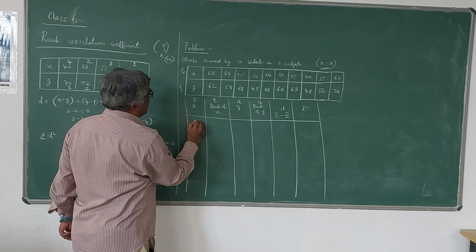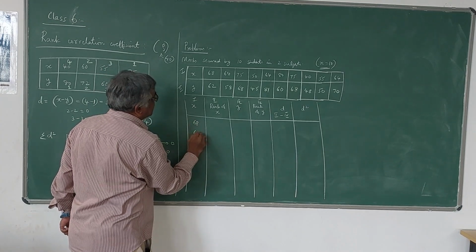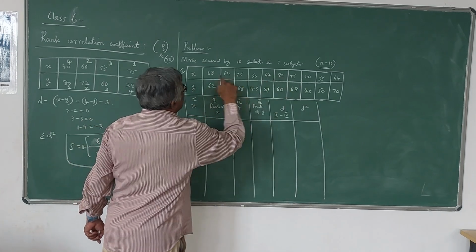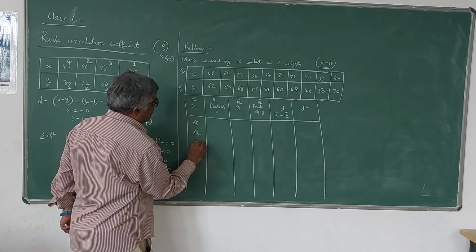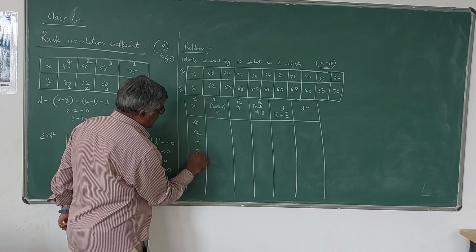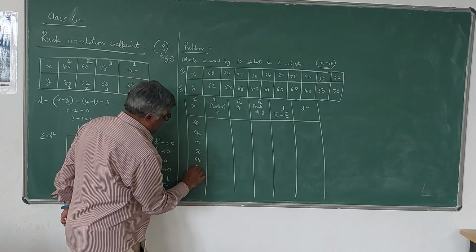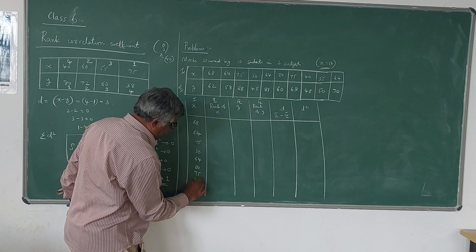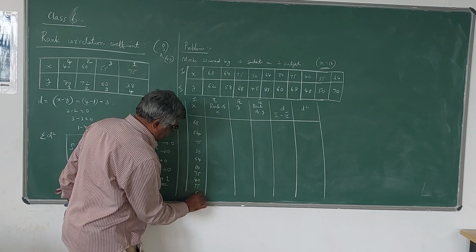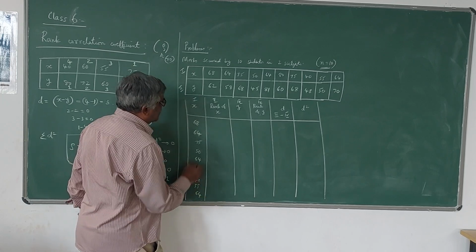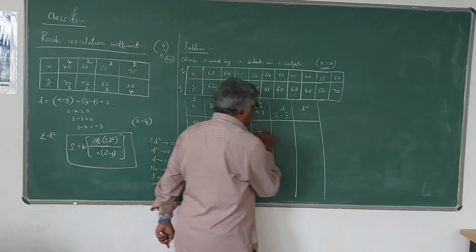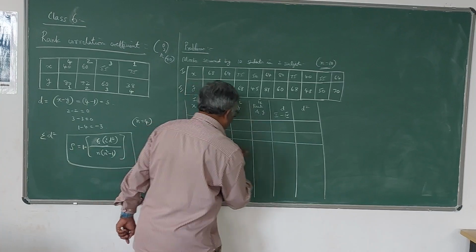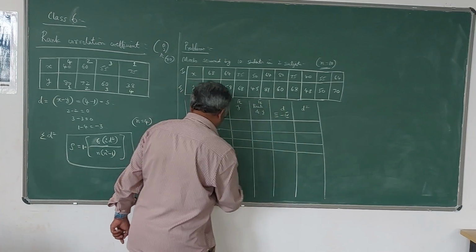Now I will write down the given values, the x values: 68, 64, 75, 50, 64, 80, 75, 40, 55, 64. So these are the x values. I will write the corresponding y values given for this set of x values.